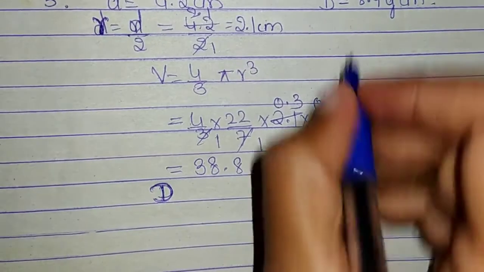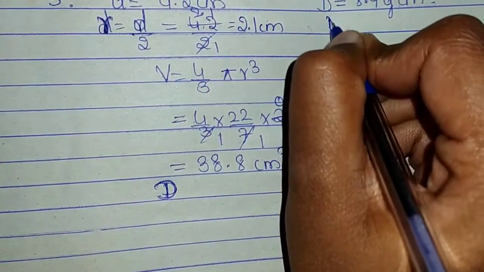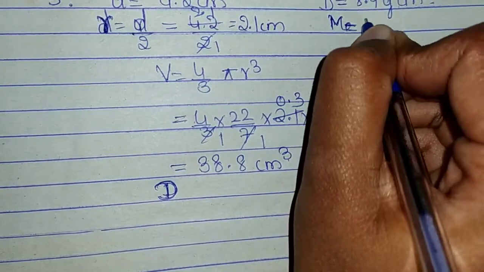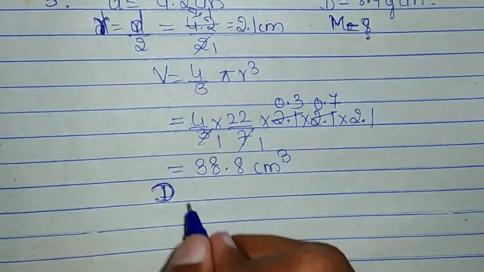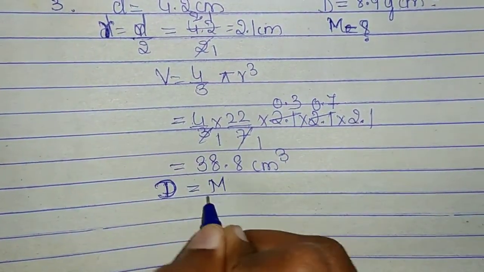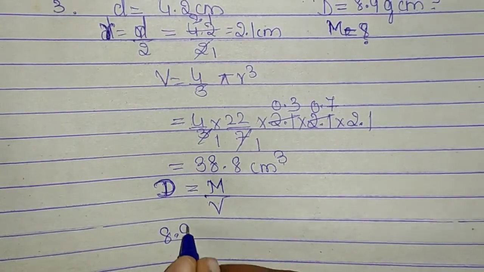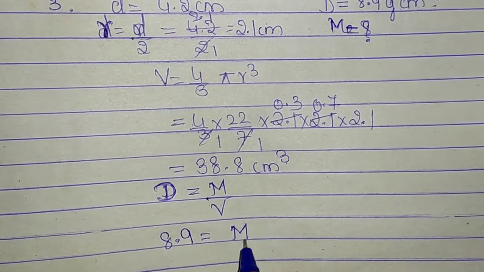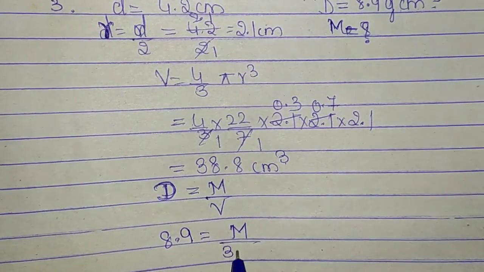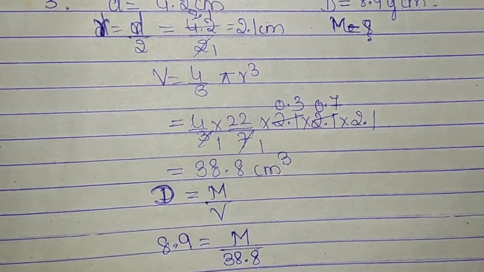We know that they have told us the value of the density. We have to find the mass of the ball. To find mass, we know that density is mass upon volume. So density is given by 8.9, which is equal to mass over the volume, which we found out to be 38.8.